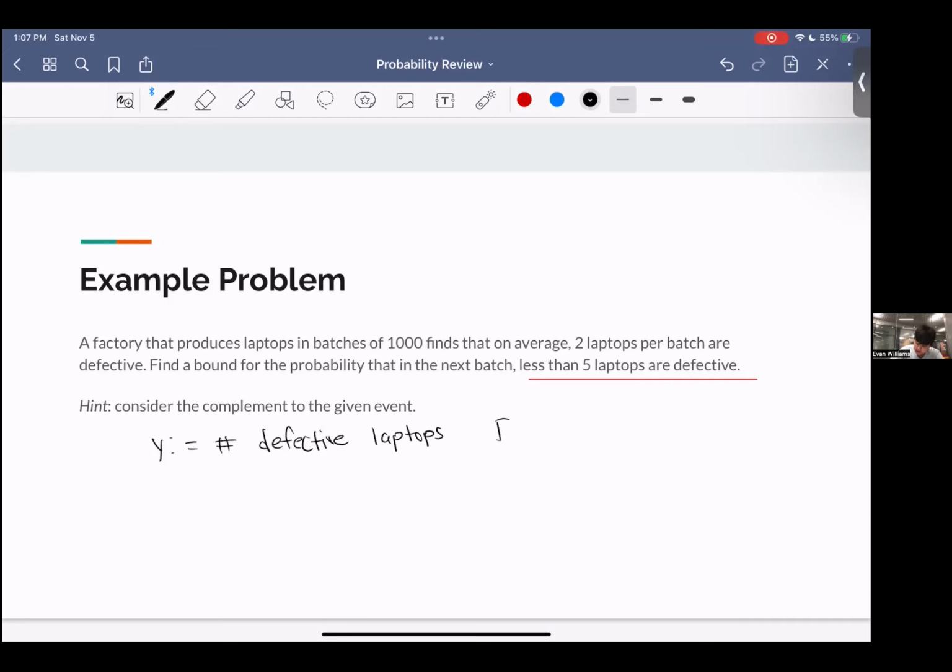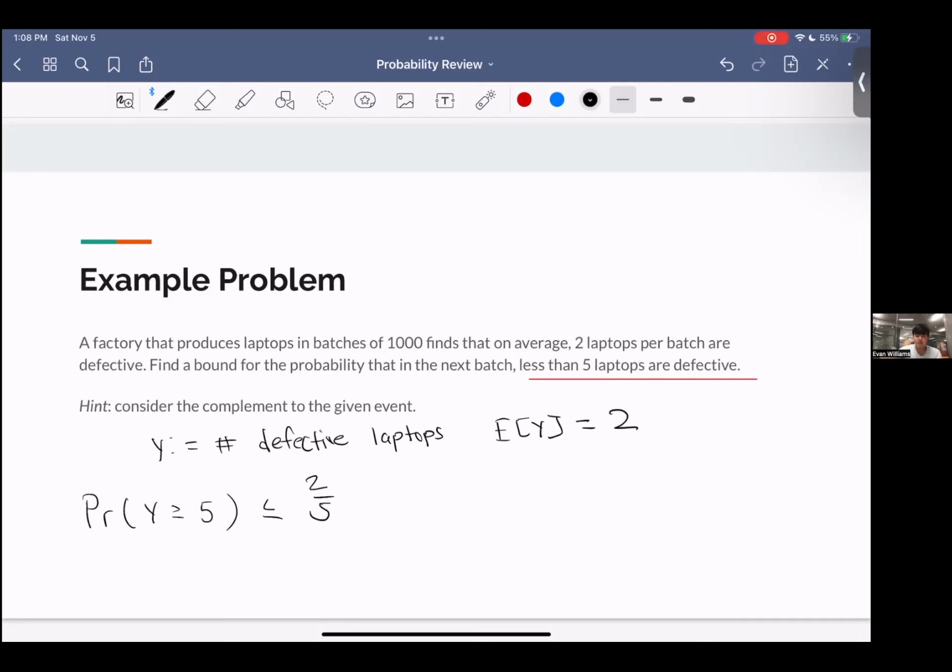We know that the expectation of y is simply 2. And we want to find the probability that less than 5 laptops are defective, right? So we can say that the probability that at least 5 laptops are defective is upper bounded by 2/5, right?